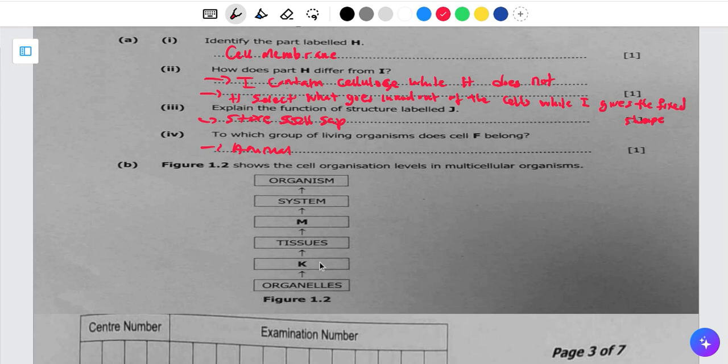From organelles we have cells. A group of cells forms a tissue. Then a group of tissues forms an organ. So K is a tissue or tissues, then M is an organ or organs.